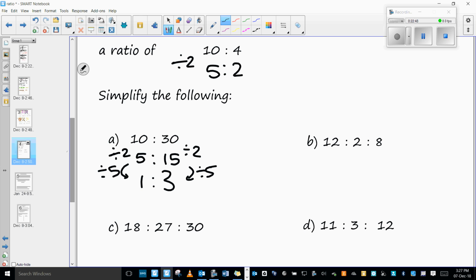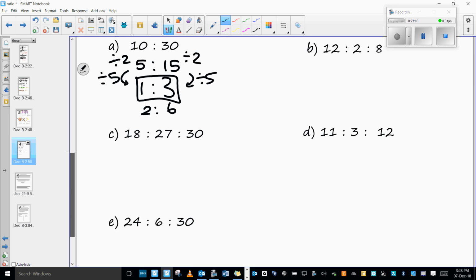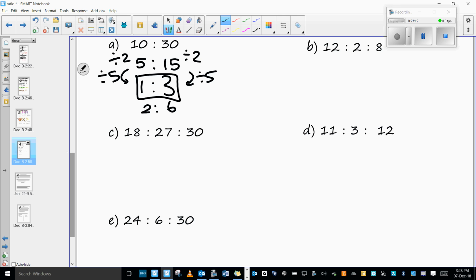So couldn't you do 2 and then 6? Yep. And then you simplify that? Yep. There's lots of different ways you could have done that. Okay? But essentially, what you want to end up with is 1 to 3 as your final answer. Okay. So, Christian? That was the same thing I was going to say. There you go. All right, you try and have a go at this other one. Oh no, actually, maybe we'll start our next session with this.